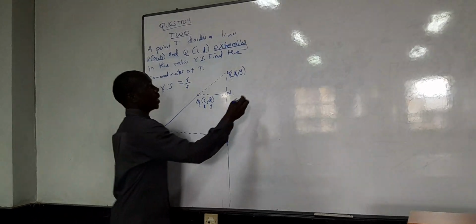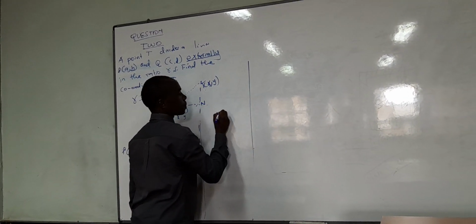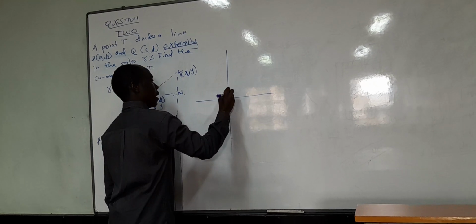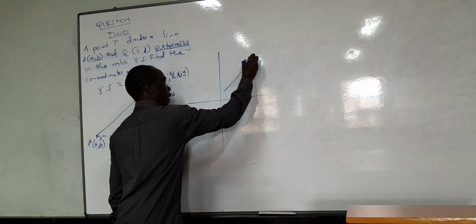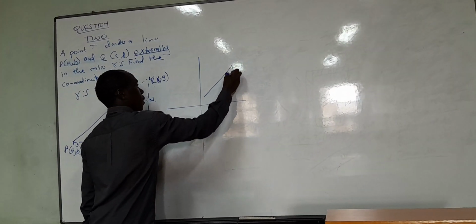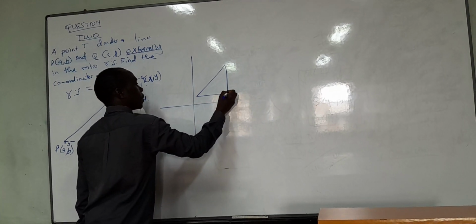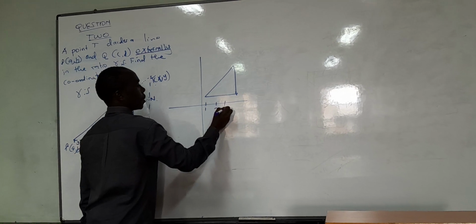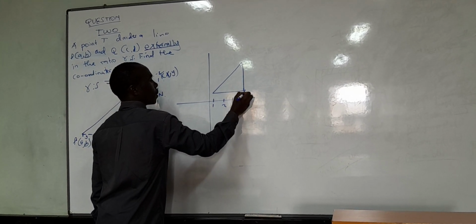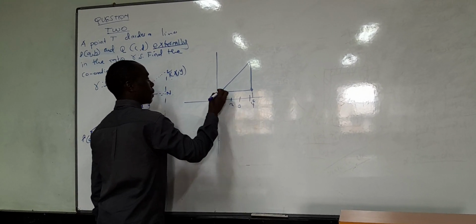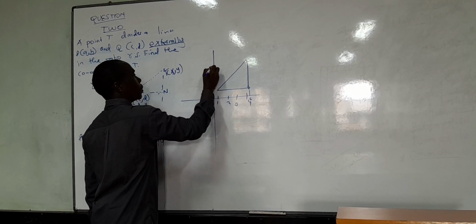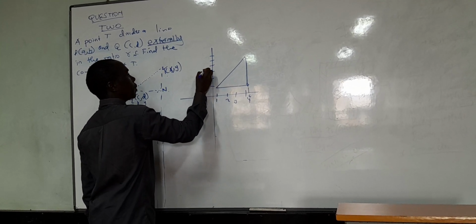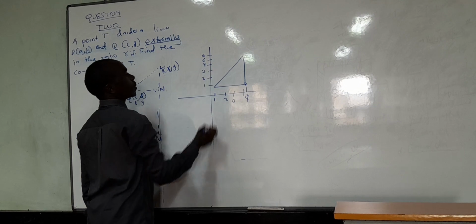Maybe to make you understand, if you have a Cartesian plane like this, and then you have a triangle in the Cartesian plane that runs like this. Maybe here is 1, 2, 3, and then 4, and let's say 5. Here is 1, 2, 3, 4, 5, and then 6.